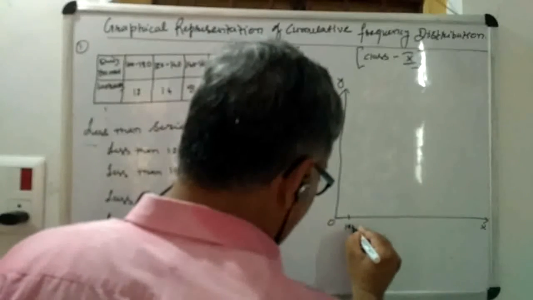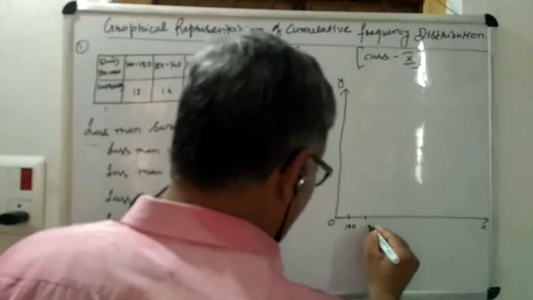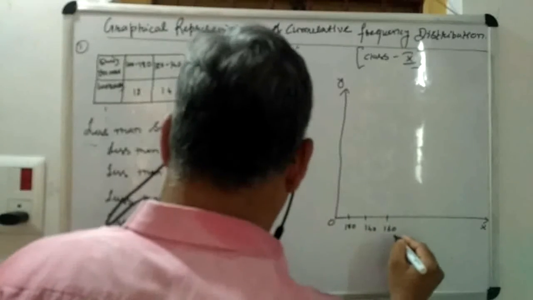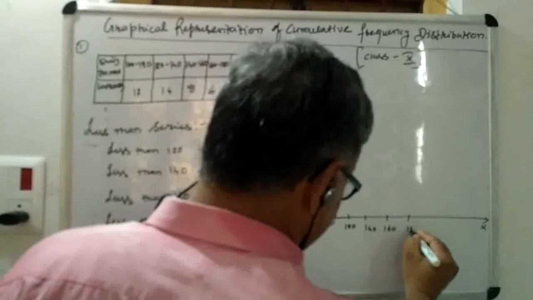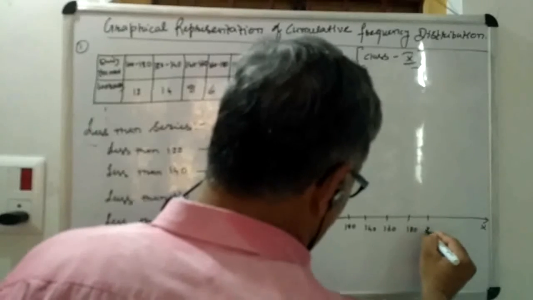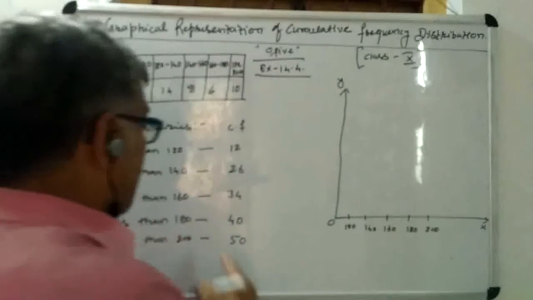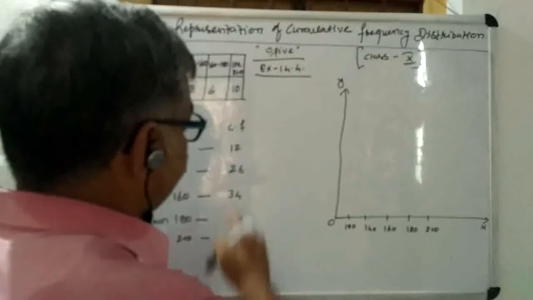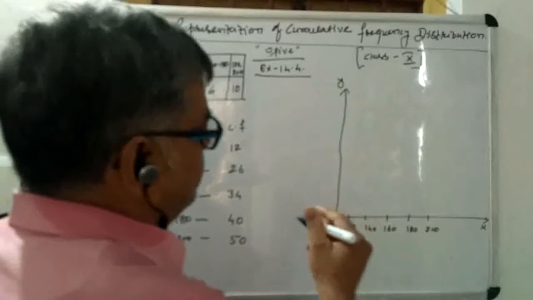So you take 120, 140, 160, 180 and 200. And now the cumulative frequency you take on the y-axis.